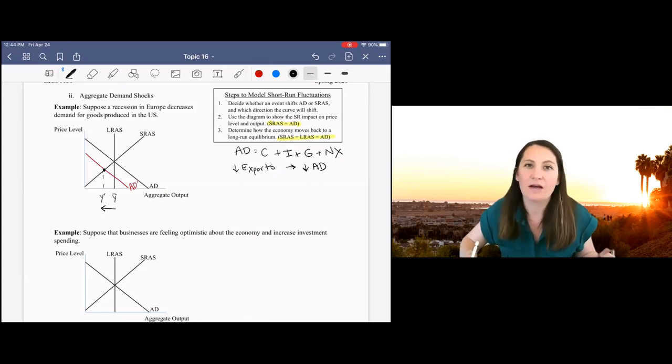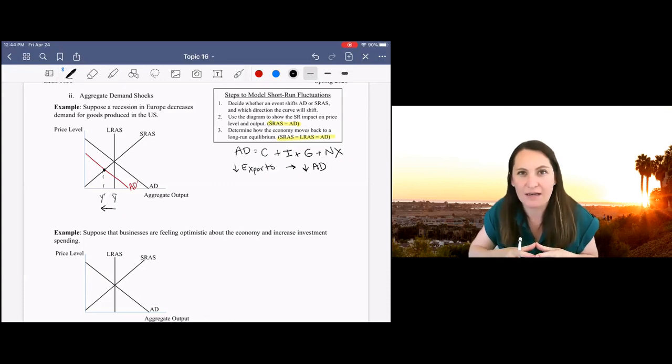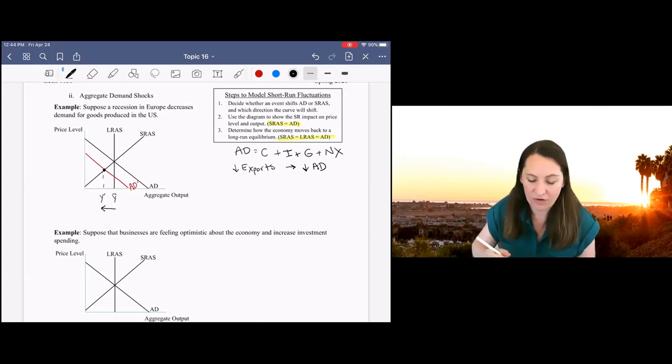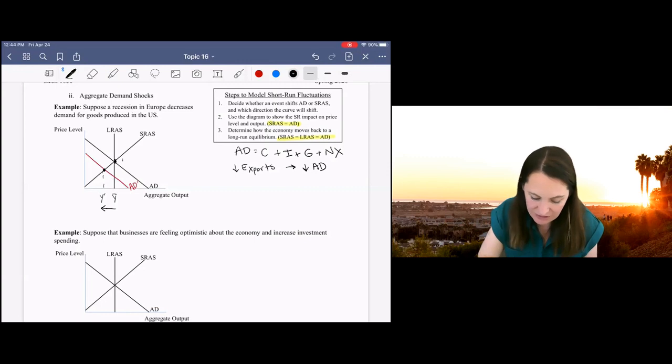What's happening here? The US still has the same productive capacity. We have the same number of workers, the same natural resources, the same capital, the same technology. We can produce just as much as we could before. However, because of this inward shift in aggregate demand, we have a decrease in the overall price level. So we started out at A, that's our original equilibrium.